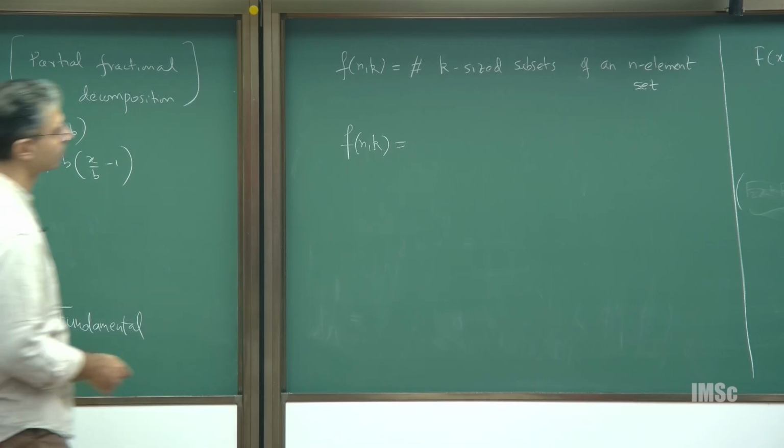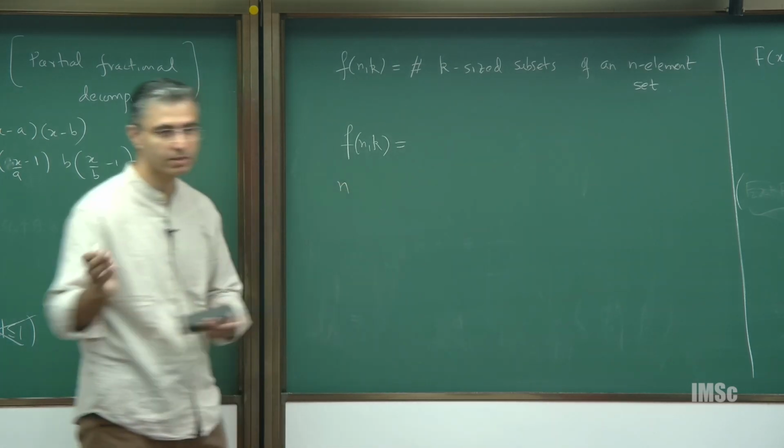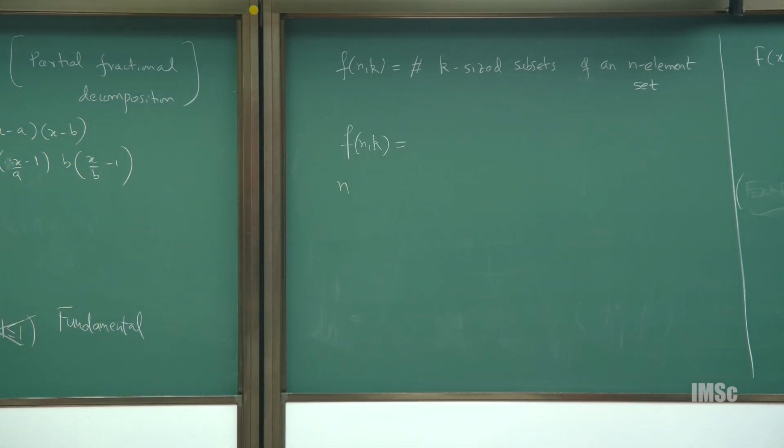Yeah, so let us fix one element, right. Let us say we fix the last element, right. Either that is part of your subset of size k or not part of your subset, right. There are only 2 possibilities for a subset, right. Either it contains the last element or it does not contain the last element, right.